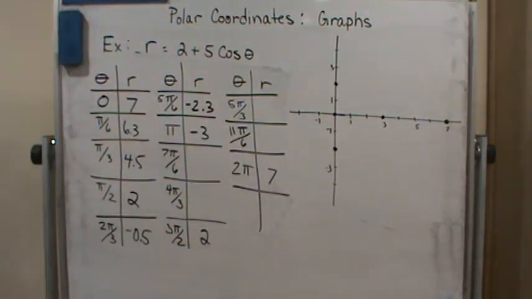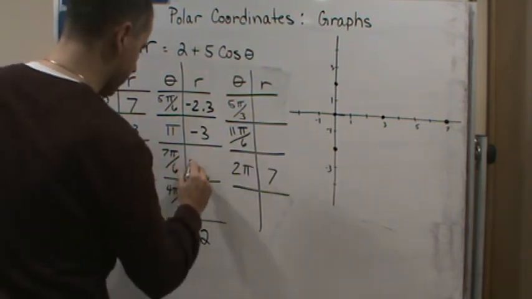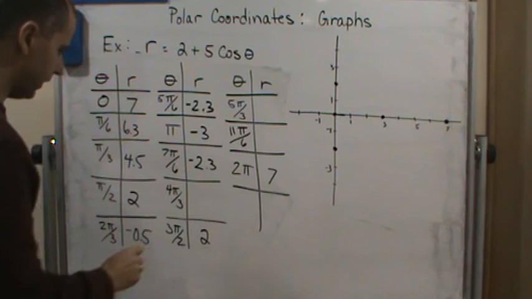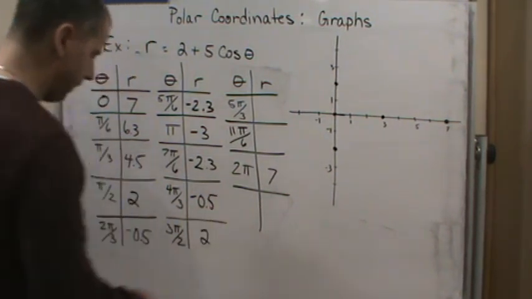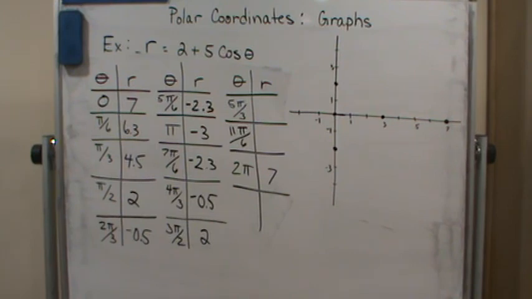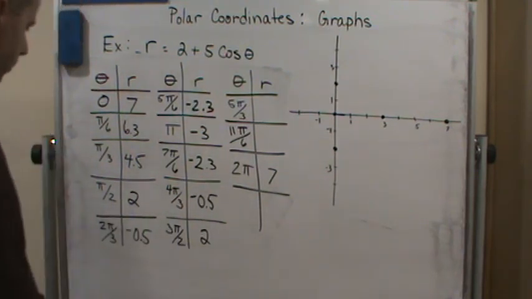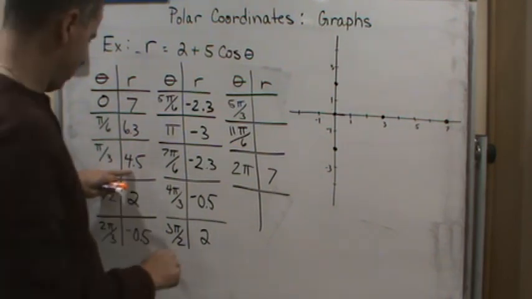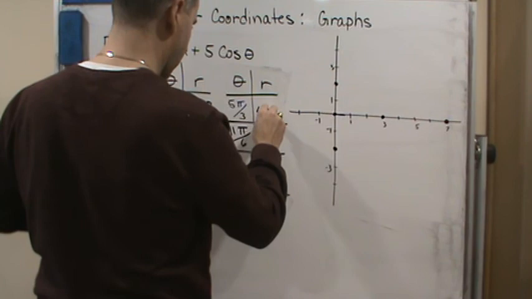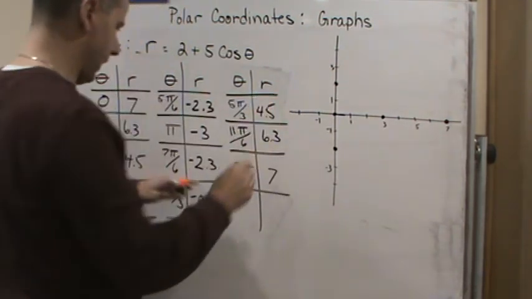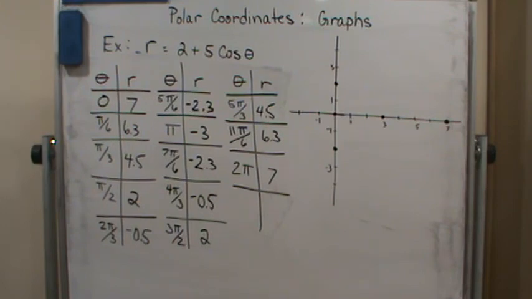Okay, and so it's filling in nicely. And then negative 3 and then negative 2.3. So then it's going back down. And then negative 0.5. And then 2, right? And then we go to 4.5 again. And then it's back up to 6.3 and back to 7.